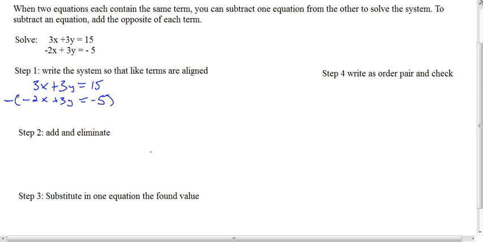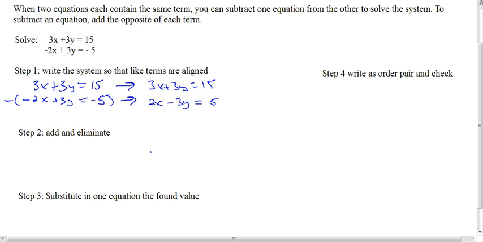This negative tells me I'm going to change all the terms inside the parentheses. So the first equation stays the same, 3x plus 3y is equal to 15, and this becomes 2x, just changing the signs, minus 3y, equal to 5.